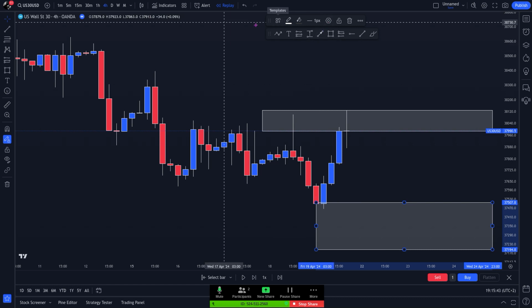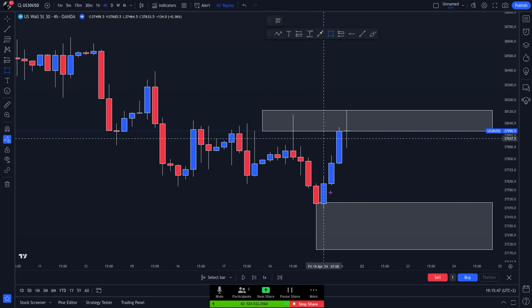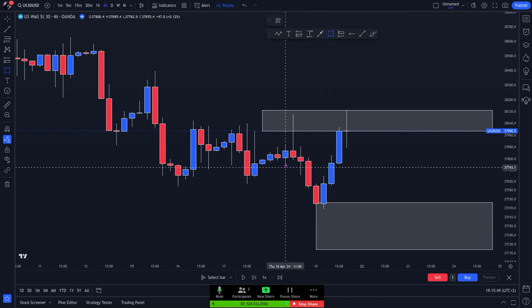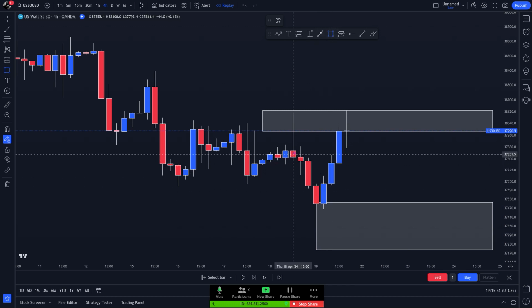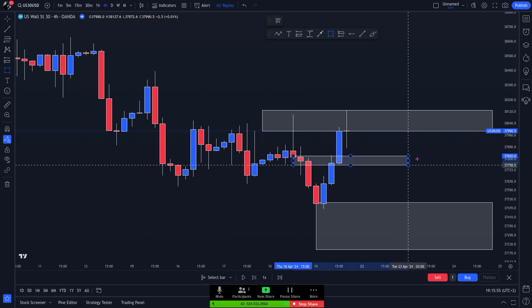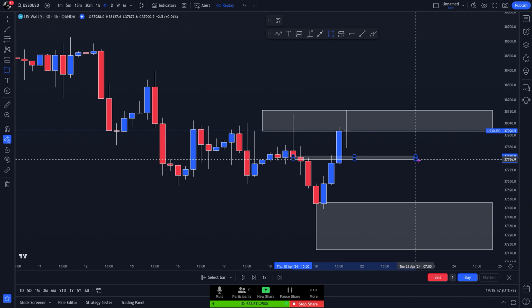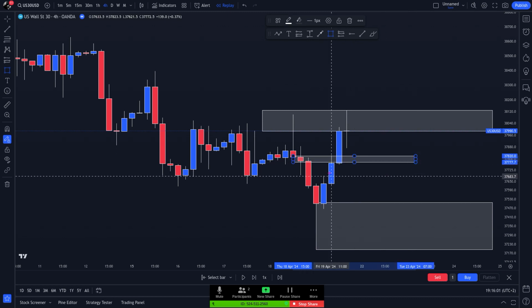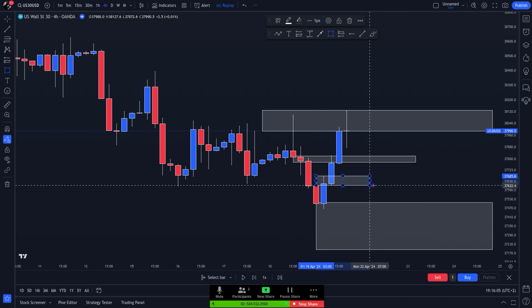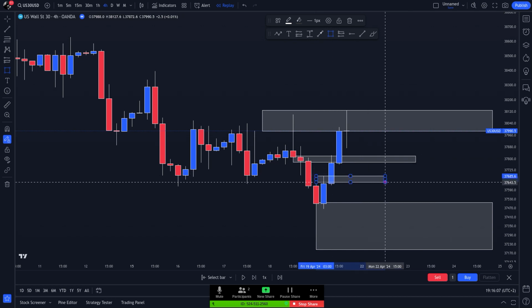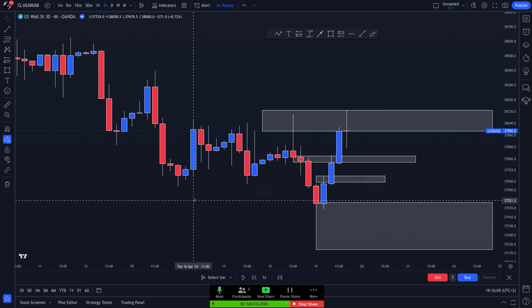And then let's just find minor zones. Let's use this one, just out of nowhere, just use this one here. Okay. And then let's just use this one. Okay, just to make it silly.